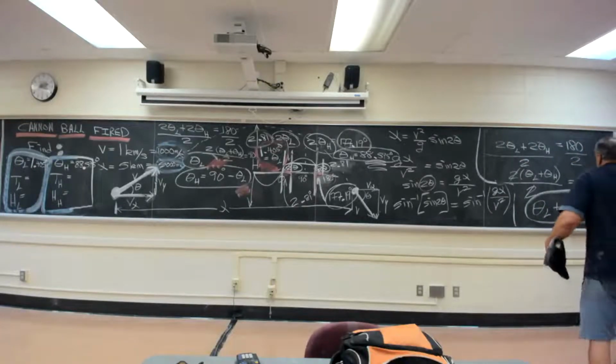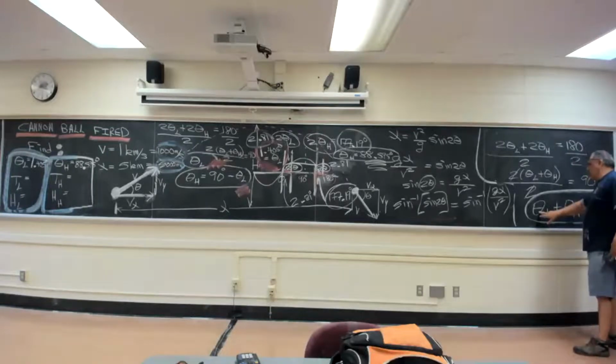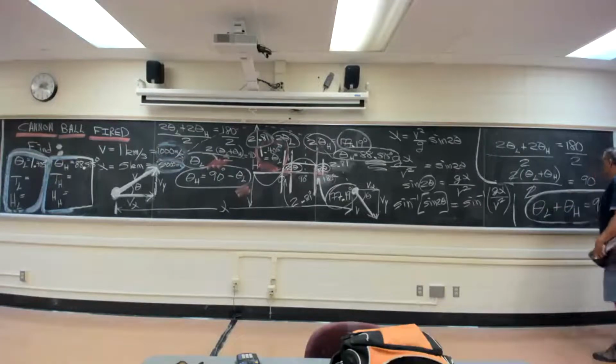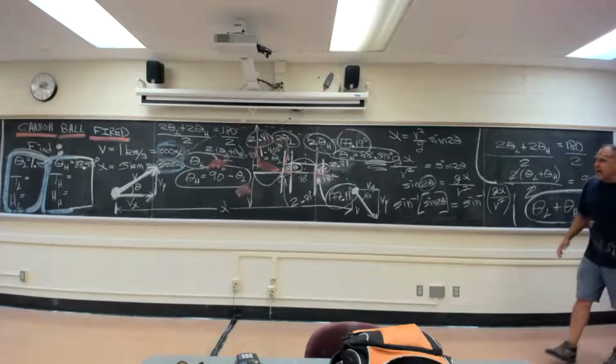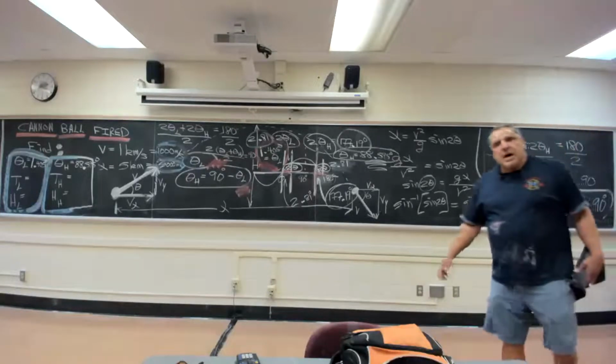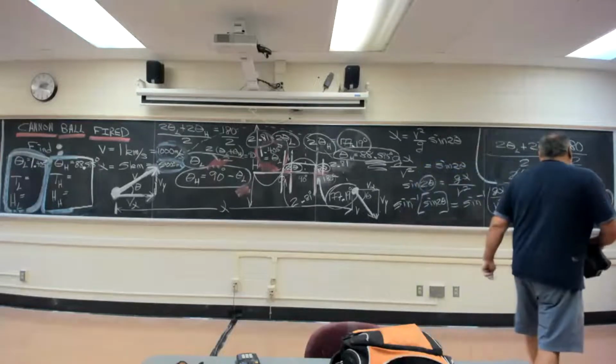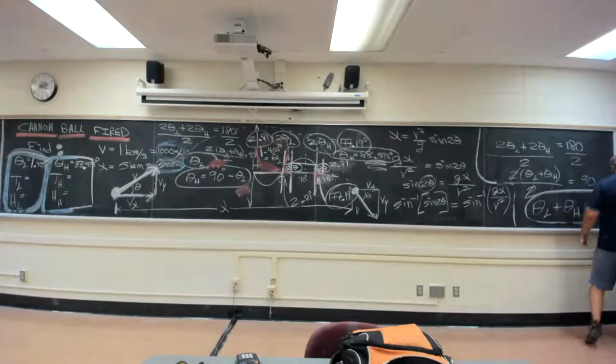If this is 1.405, what would you add to it to get theta H? Just subtract 1.405 from 90, and you get theta H to be 88.595 degrees. So this makes it a lot easier. I didn't get a chance to talk about that today.